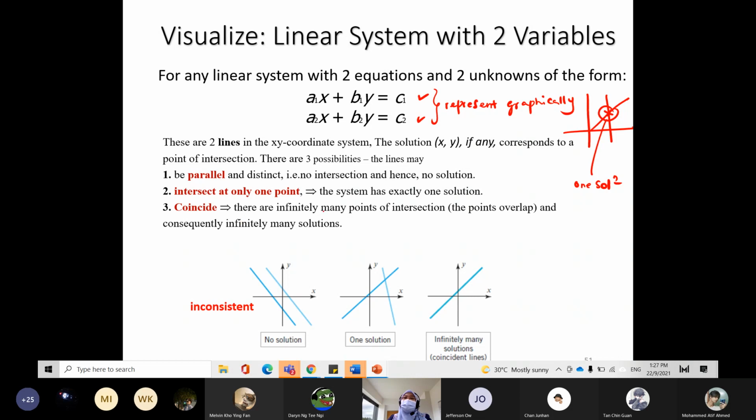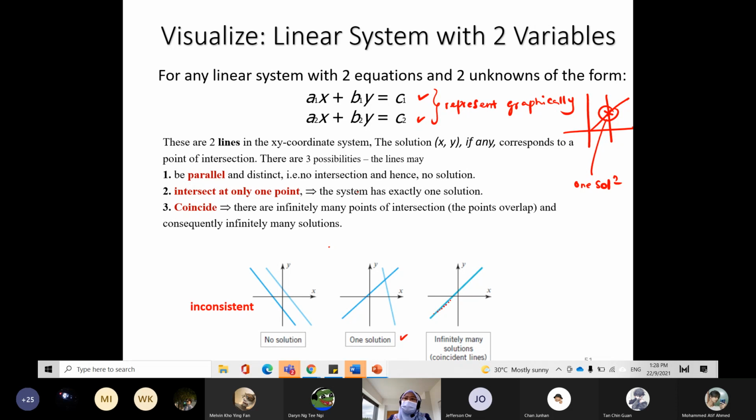Okay, so if you have only one intercept point, it means you have only one solution. Let's say these two graphs are overlapping. If they overlap each other, here we have infinitely many solutions.